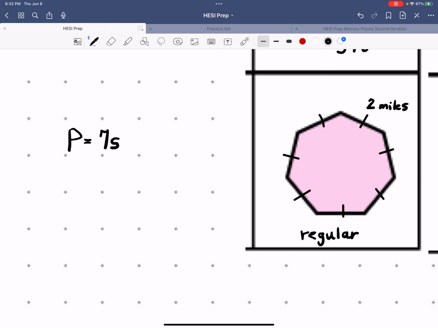It looks like a trampoline. Let's do that instead. Instead of miles, let's make this thing a trampoline. So let's say 12 feet. It's a big trampoline. All right, so we're going to say perimeter is 7 times 12. So perimeter is 84 feet.